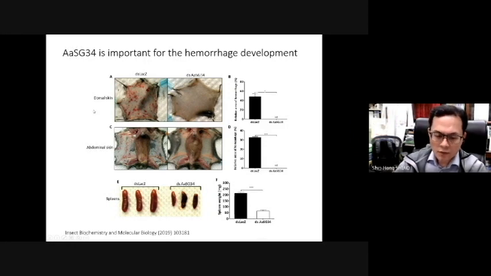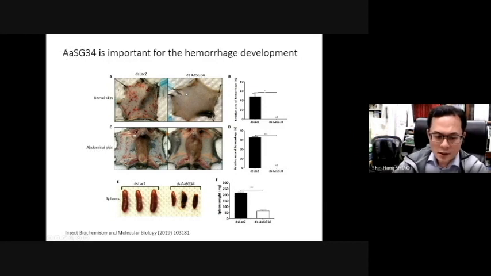And then these mice were first infected with saliva that were collected from control mosquitoes, or from AASG34 silencing mosquitoes. And both groups of mosquitoes were infected with dengue virus. And then we examine the development of the hemorrhage at day 6 post-infection.